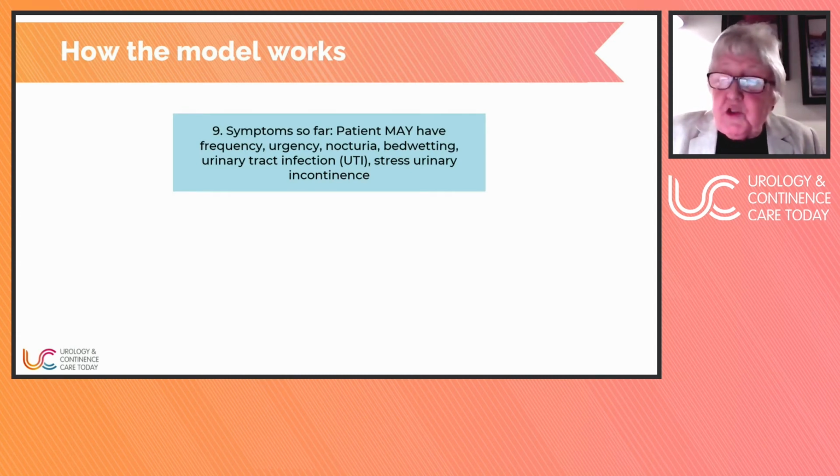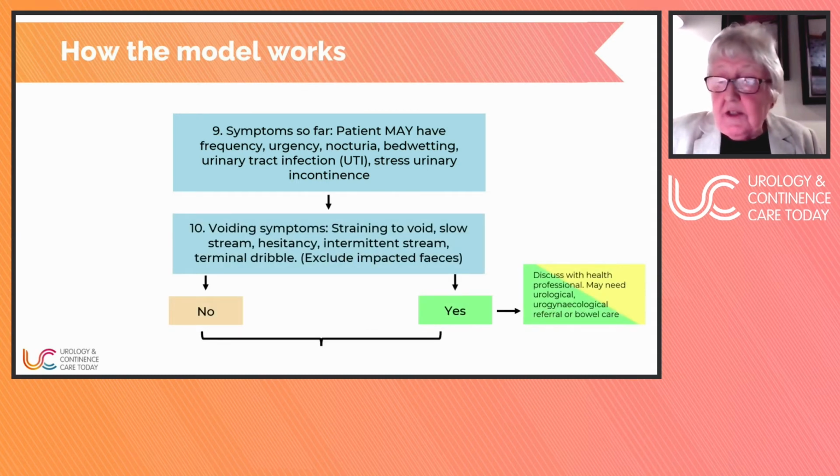Box 9 is an opportunity to review the symptoms we have identified, such as frequency, urgency, nocturia, bedwetting, urinary tract infection, and perhaps stress incontinence. We need to ask how well the patient passes urine and if there are voiding symptoms, such as straining to void, slow stream, hesitancy, intermittent stream, and terminal dribble.